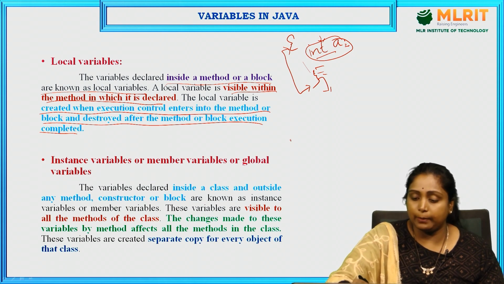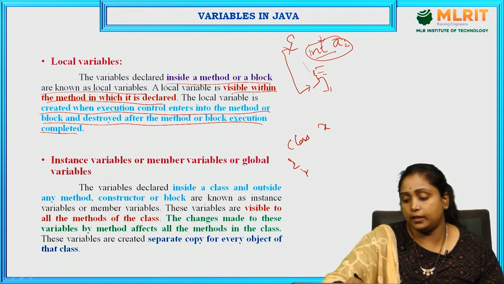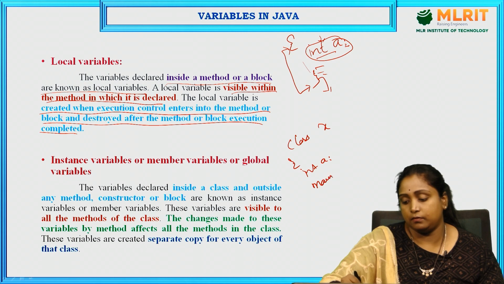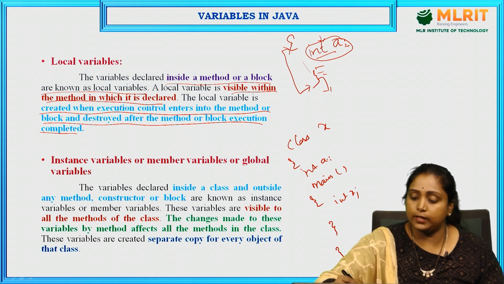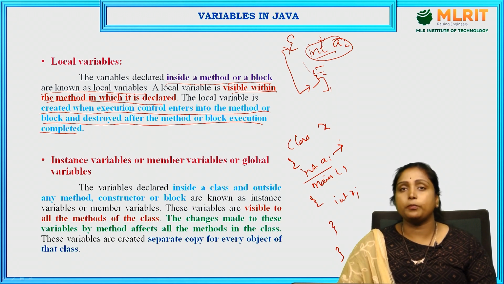So for example, if I am declaring a class with some x, here I am declaring, so here this is called an instance variable or member variable of the particular class.